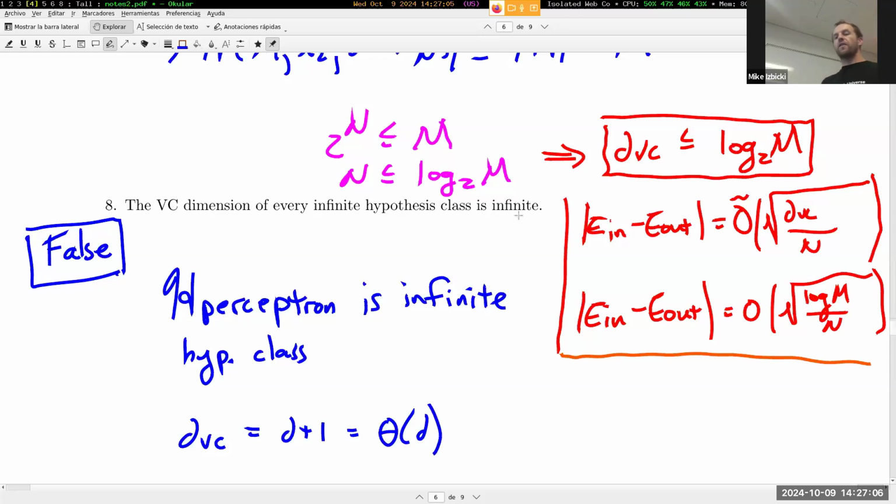If this were the case, then our generalization bound would always be infinite for any hypothesis class like the perceptron. But the only reason we talked about all of this was because we needed some way of making this bound finite. And so having finite VC dimension for infinite hypothesis classes is our new way of measuring the size of hypothesis classes, coming up with some finite size of an infinite set.